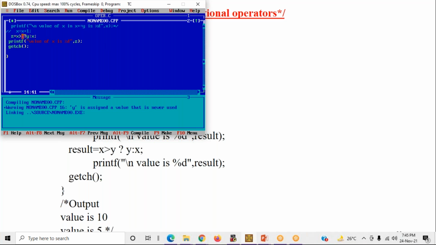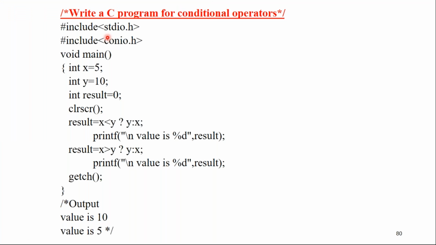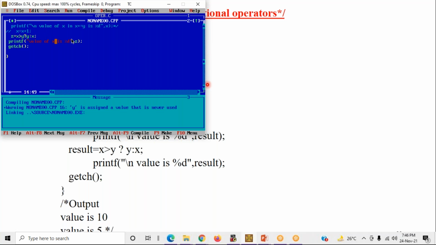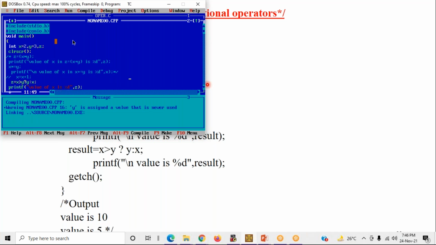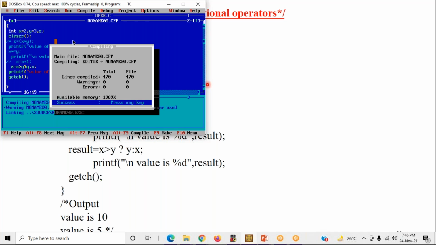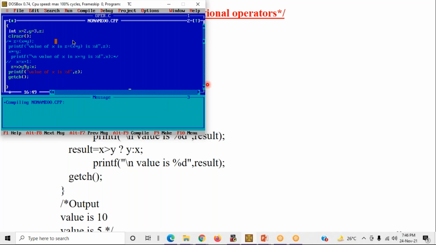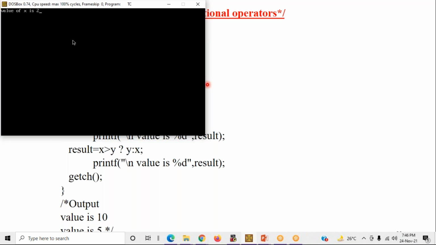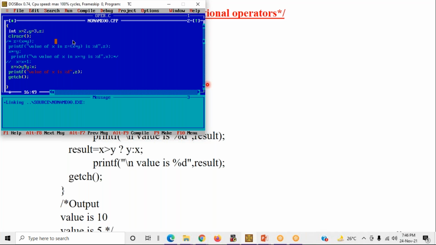If x is greater than y, what should be printed is y. If not, x should be printed. Okay, x is 2, y equal to 3. So I will compile it.